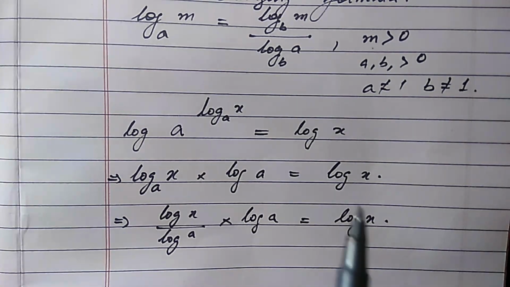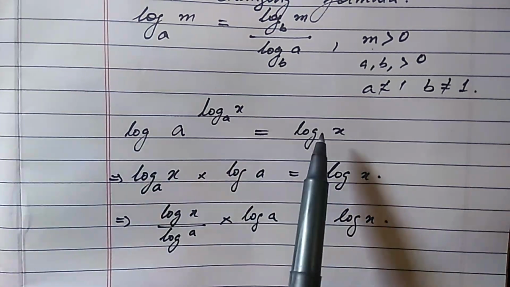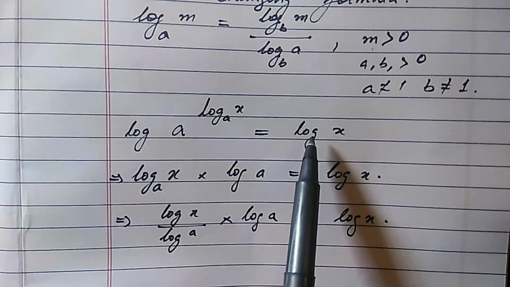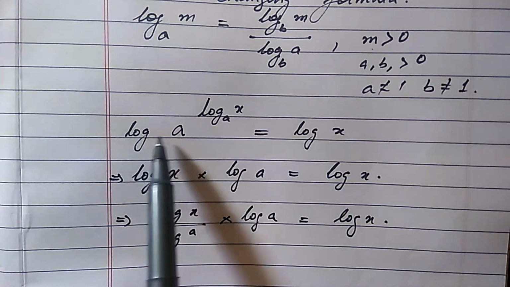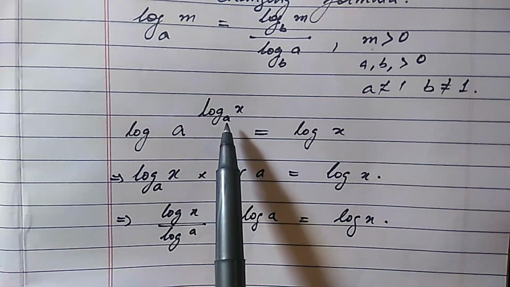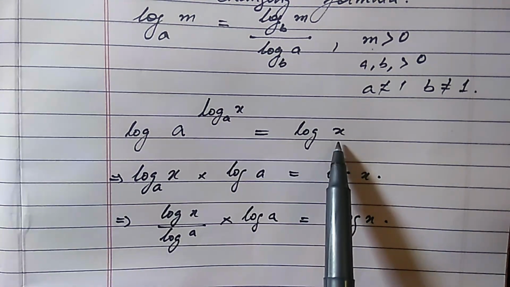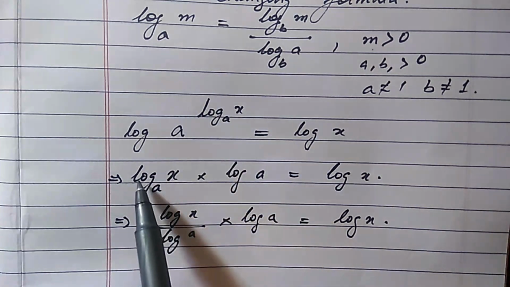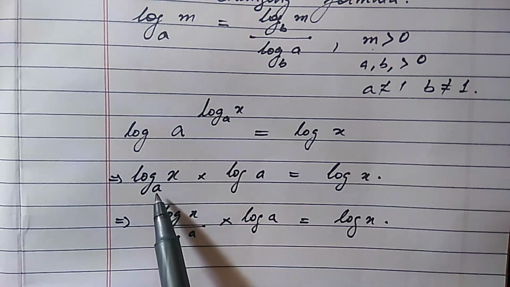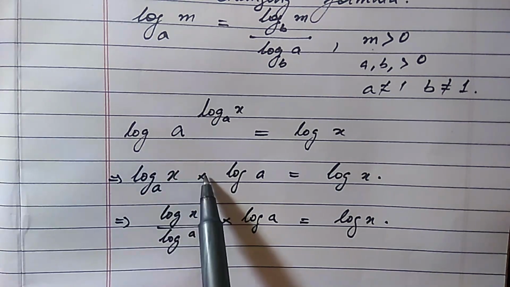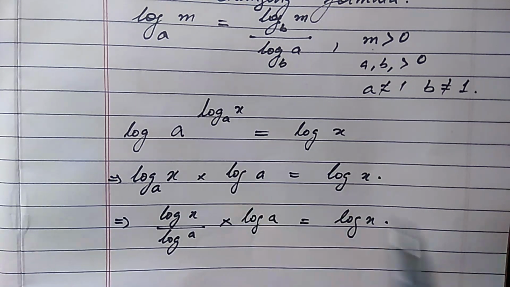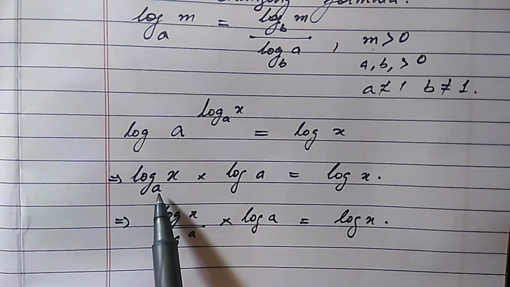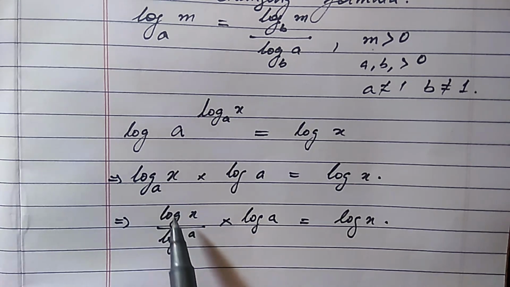Let me repeat what I have done here. First I have taken log on either side. Then it becomes log of a to the power log x with base a is equal to log x. Now since this is in power, we can bring it in front. So log of x with base a comes in front. What is left? Log a. Now I want to change the base of this from a to base 10.